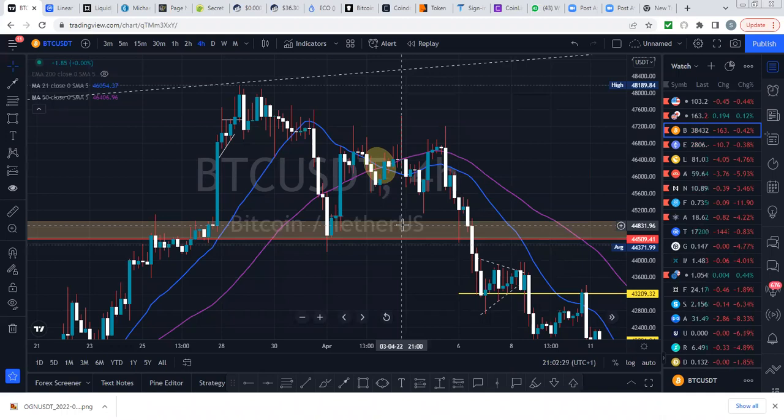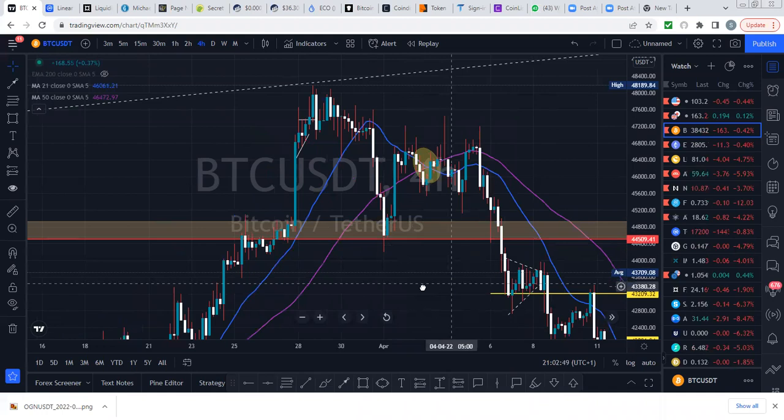When the shorter term moving average crosses below the longer term moving average, it gives a sell signal, as it indicates that the trend is shifting down.